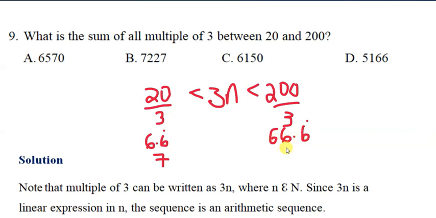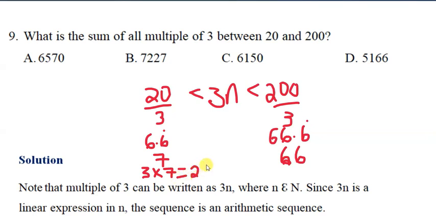That number is going to be 66. If we multiply these two numbers by 3, we will get the first term, which is equal to 21.